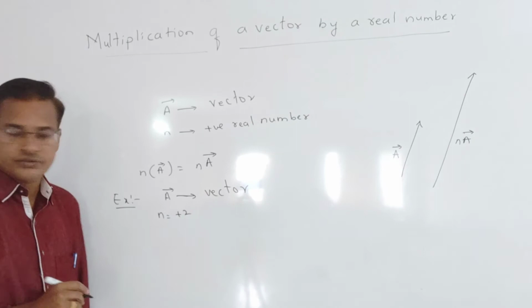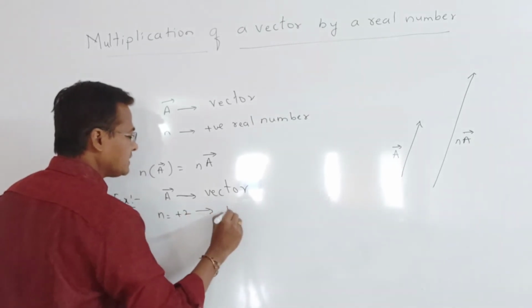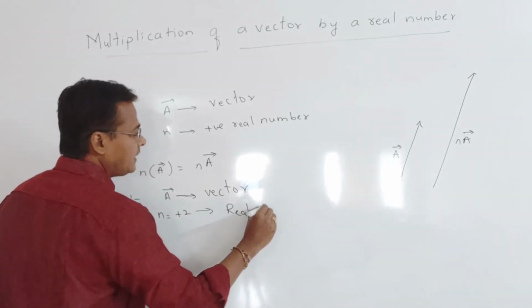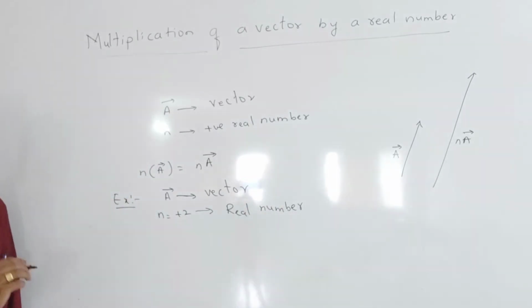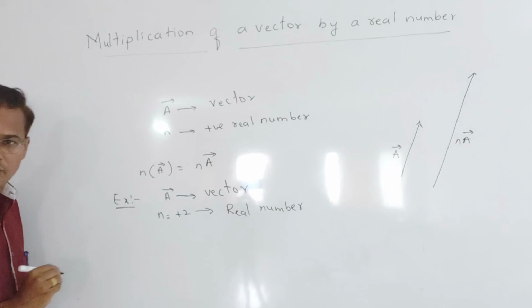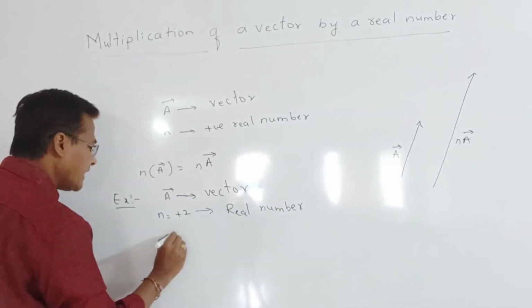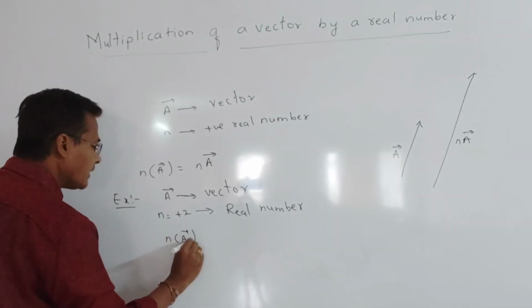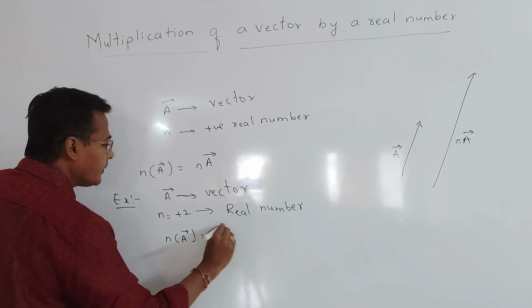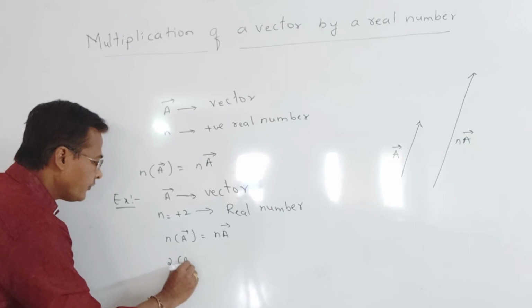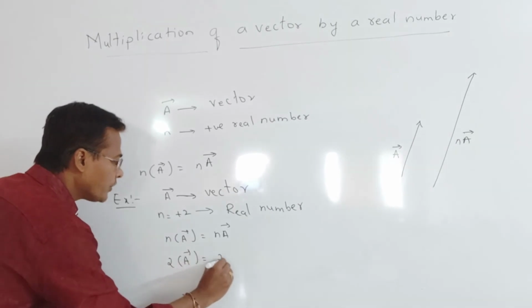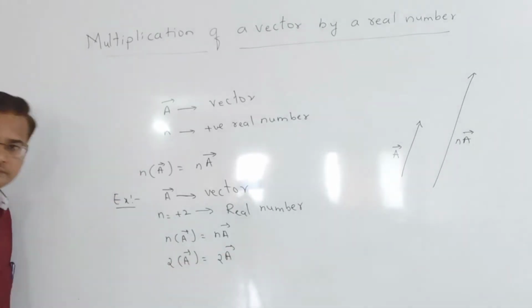This is a real number, and this is another real number. According to the formula, n of A vector equals n into A vector. So 2 of A vector equals 2 times the A vector.